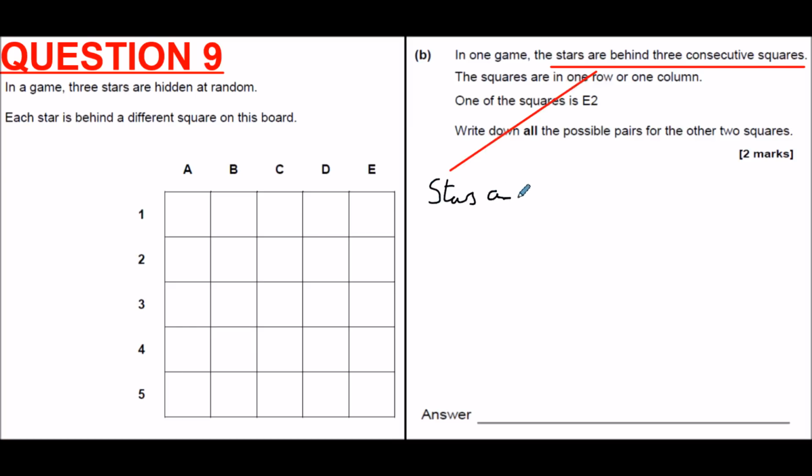So the stars are together, in a line. It says the squares are in one row or one column. So that means that they're in a row going across or a column going down. So the stars can't be diagonally together.